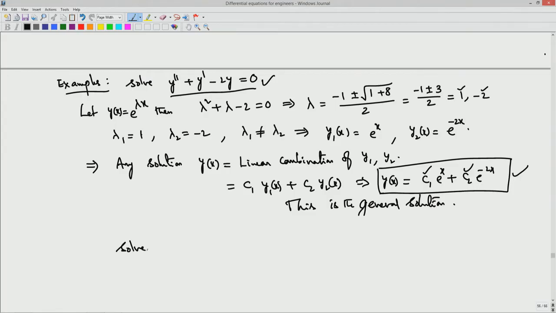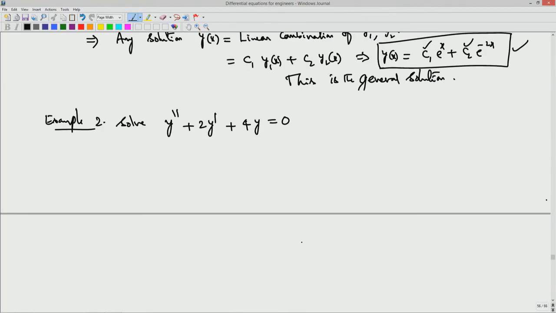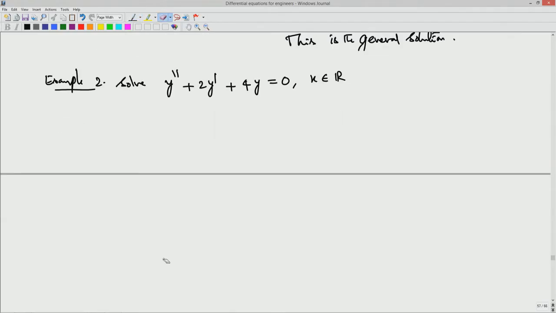Now we solve another type of equation. Example 2: we solve y double dash plus 2y dash plus 4y equal to 0. How do we solve this? Again it is an equation with constant coefficients, x belongs to R. Let us solve this. Let y of x equal to e power lambda x.